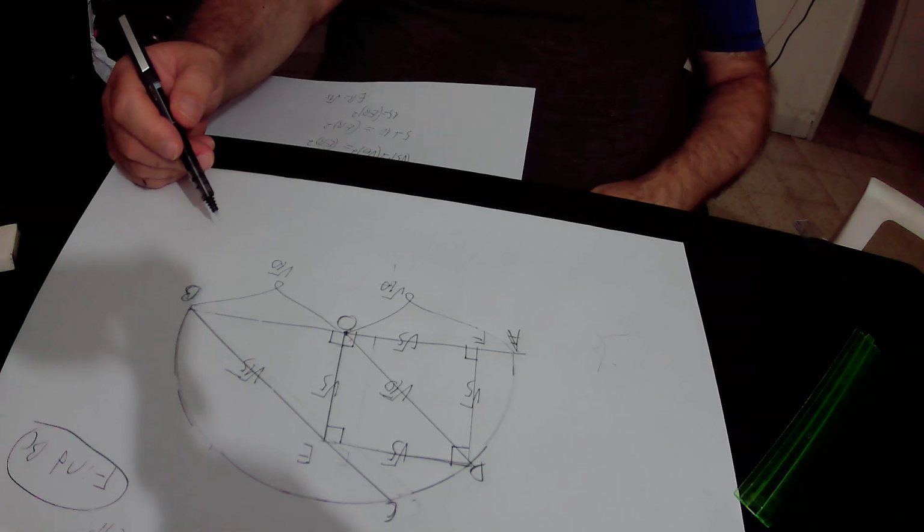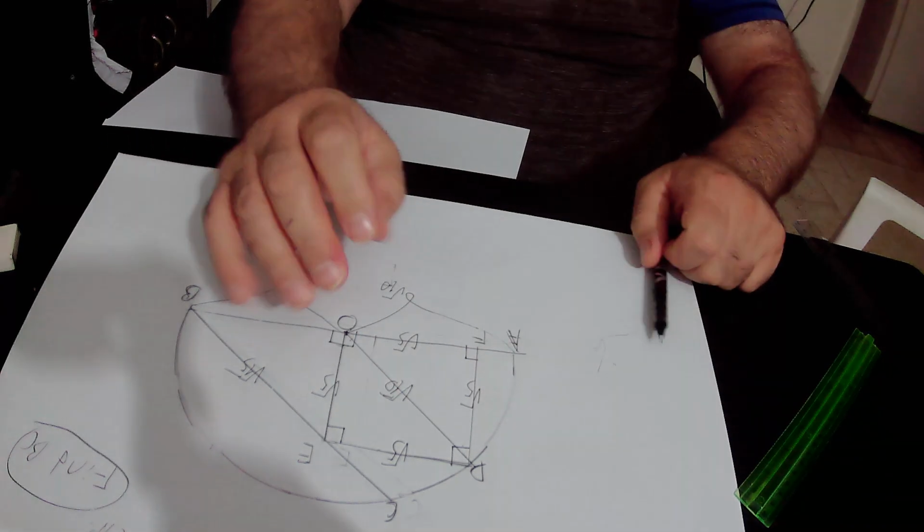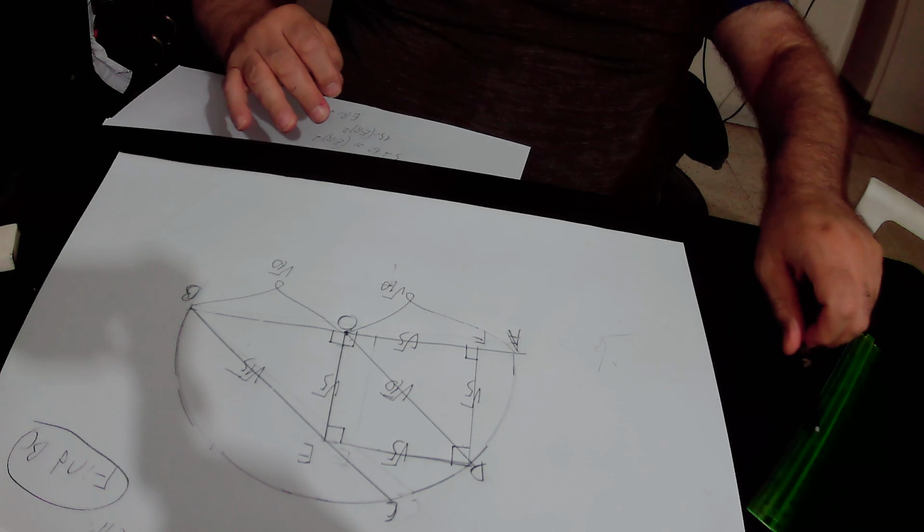In order to find out the length of line segment CE, we will complete the semicircle to a circle.